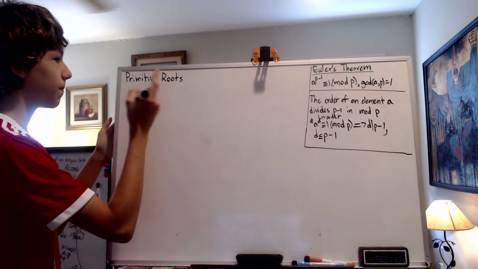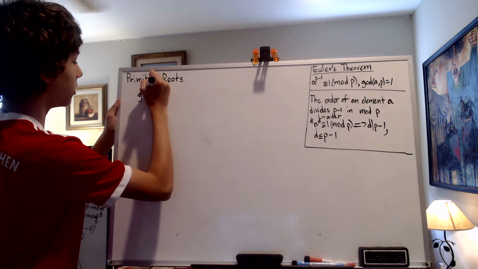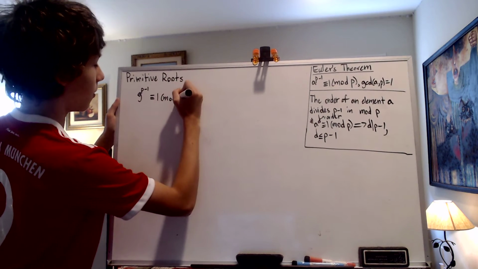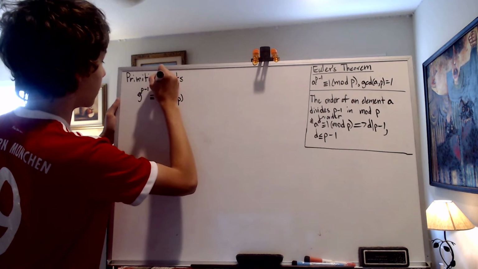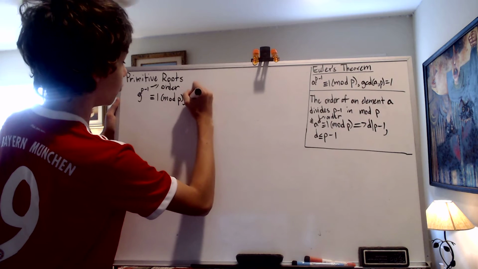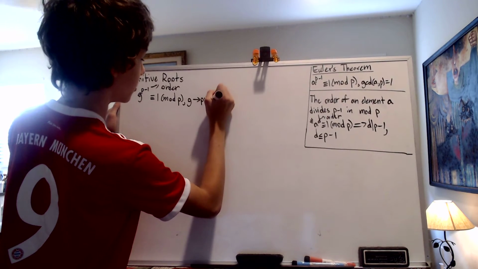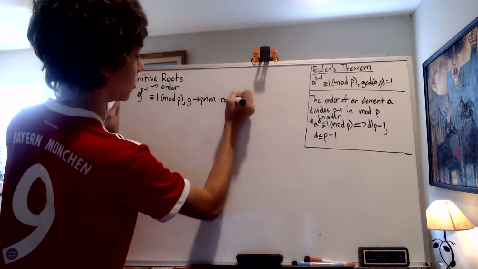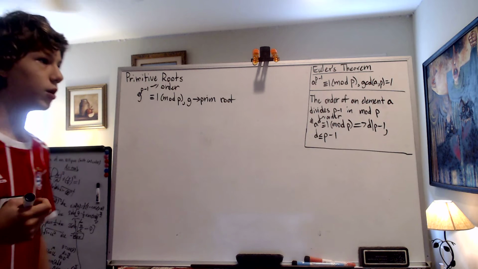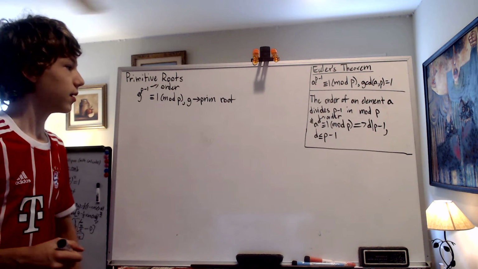So g, if g to the p minus 1 is congruent to 1 mod p, and p minus 1 is the order, g is a primitive root. It is a primitive root. Mod p, it will not only have one primitive root, okay?